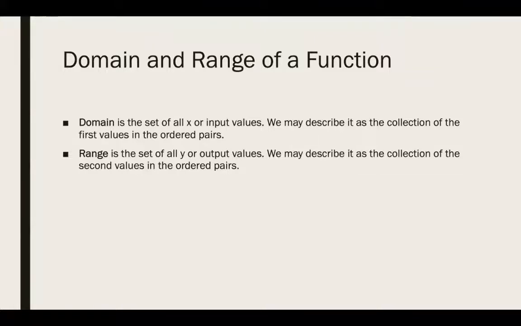Domain and range can also be applied to relations. The domain is the set of all x or input values. If we have a function machine, x is the input value, and your range is the set of all your output values, or your y, or the second value in your ordered pair.